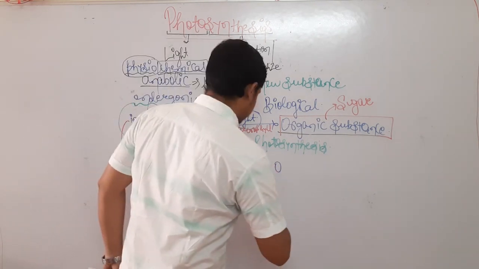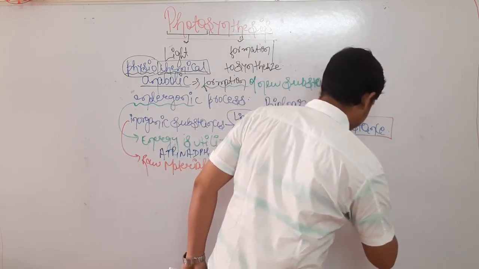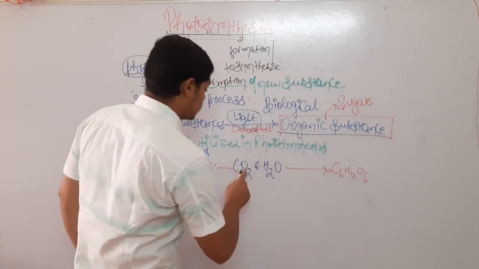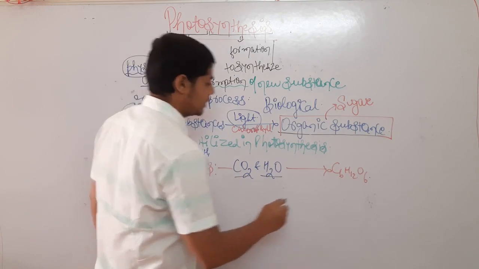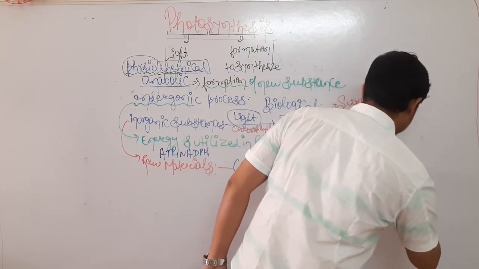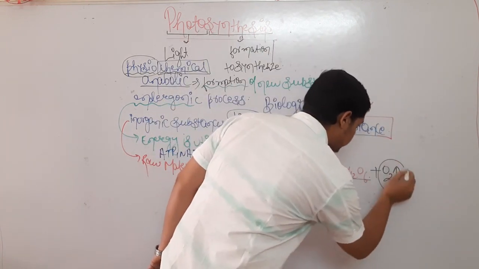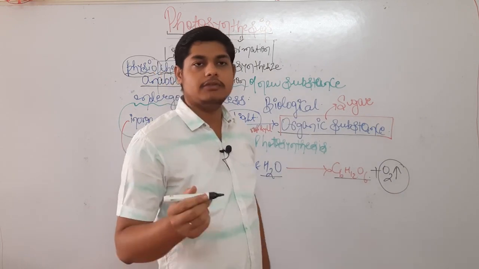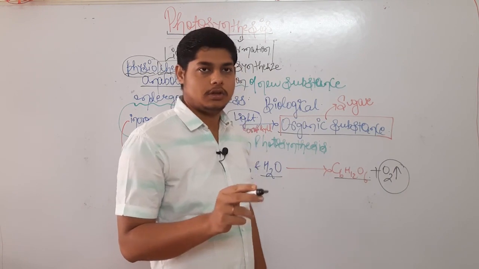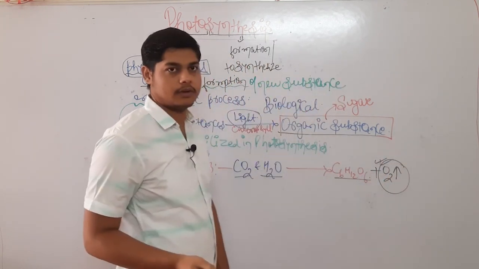So as CO2 and H2O react, they form C6, let's say sugar. Glucose is formed. CO2 and H2O act as raw material. They are forming glucose and oxygen is evolved. So as oxygen is evolved in this entire process, we can say that photosynthesis is an oxygenic process too. Oxygenic means oxygen is evolved in the process.